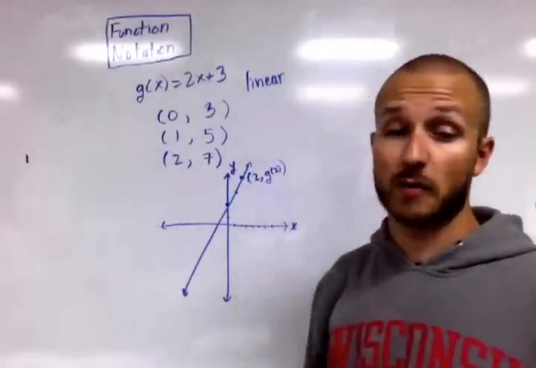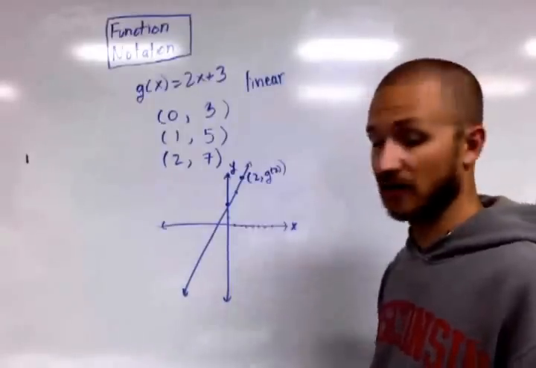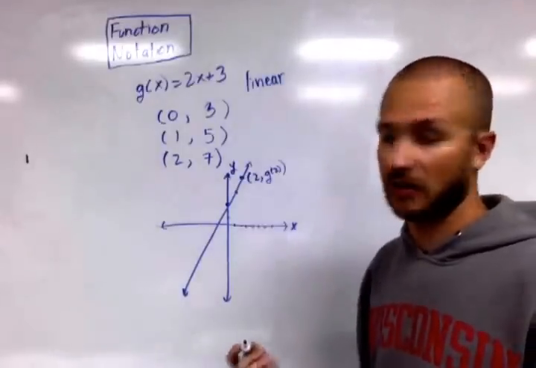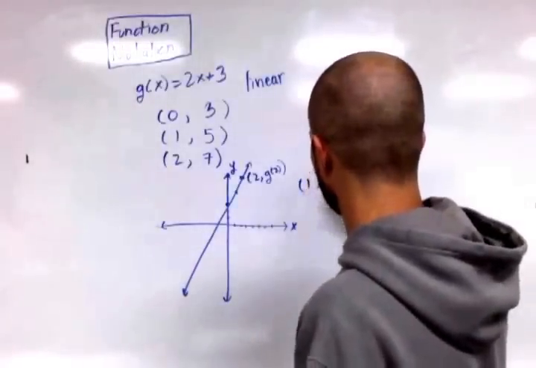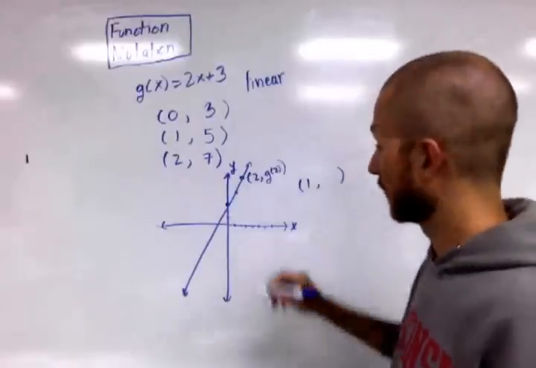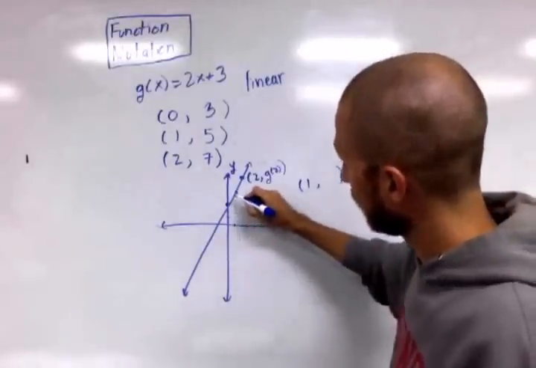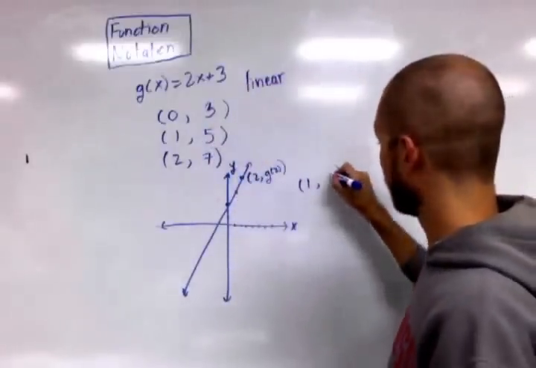Right. You can also go backwards here. If you're given a graph, and this is g, and they ask you, hey, we have 1, comma something, we know this is the function g, we could look on the graph and say, okay, it's 1, comma 5. It must be 5 right there.